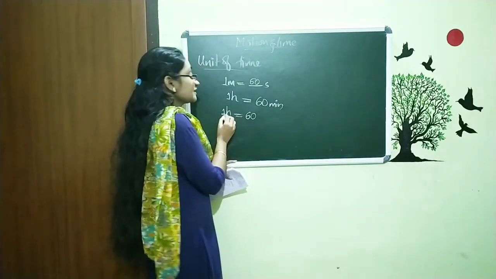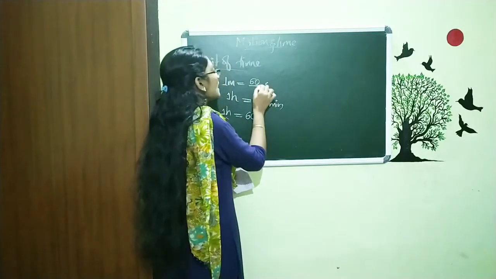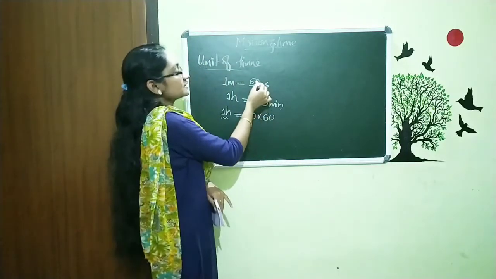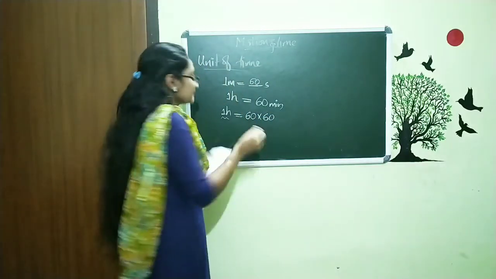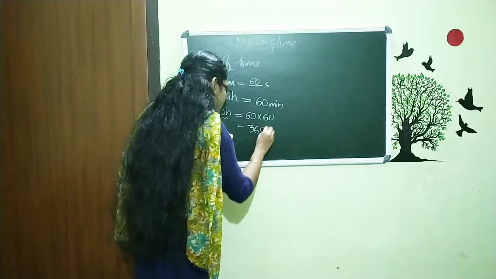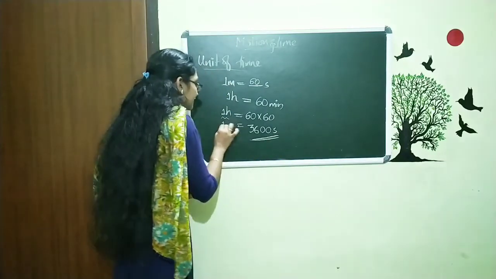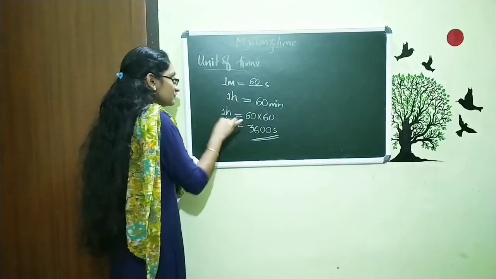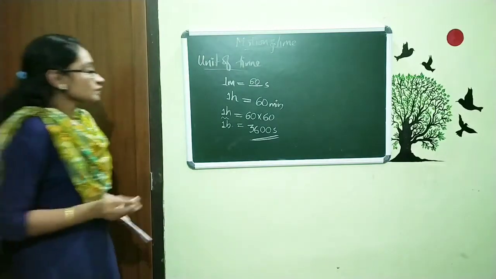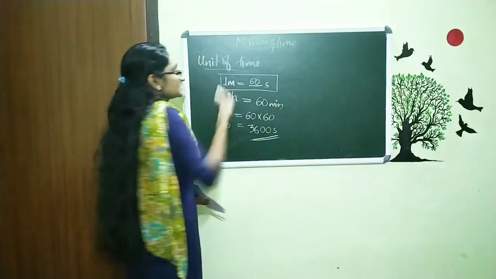So for finding the number of seconds in 1 hour, we multiply this 60 and this 60. Very simple. So we get the answer as 3600 seconds. So in 1 hour we have 3600 seconds.